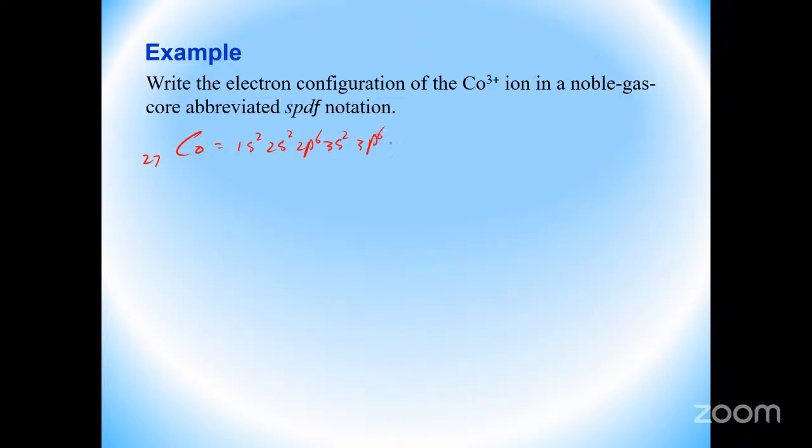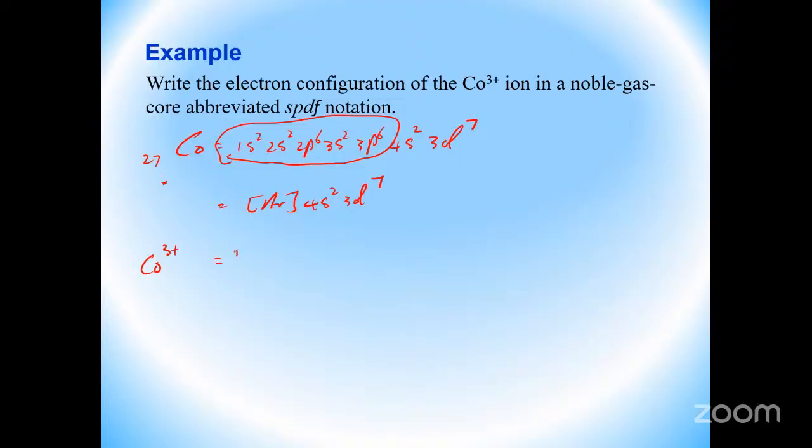3p6, 4s2, and then 3d7, all right? So to write down the abbreviated version, we will replace all of this here with argon, and then 4s2, 3d7. The question is asking, what would be the electron configuration of cobalt 3+?